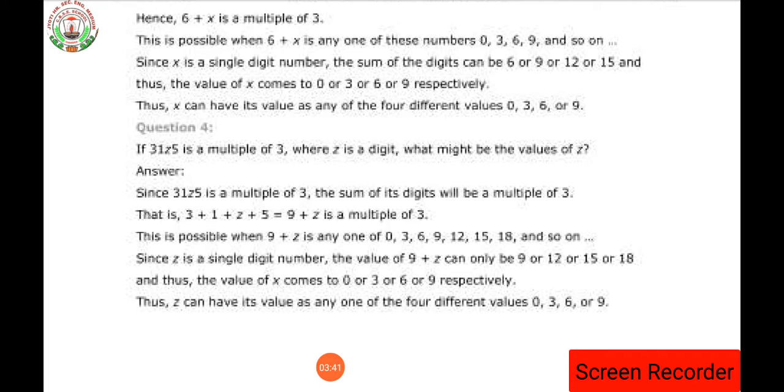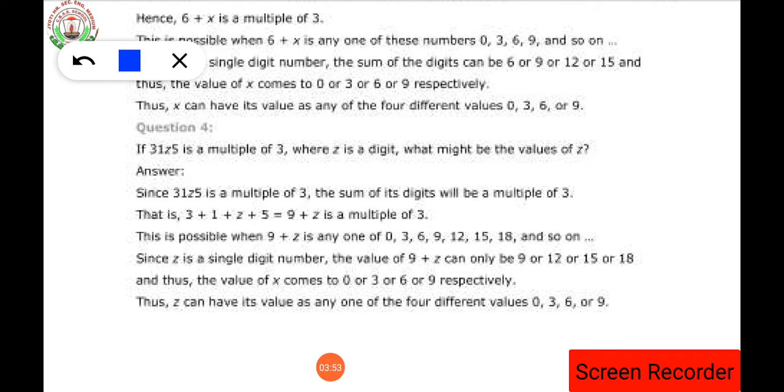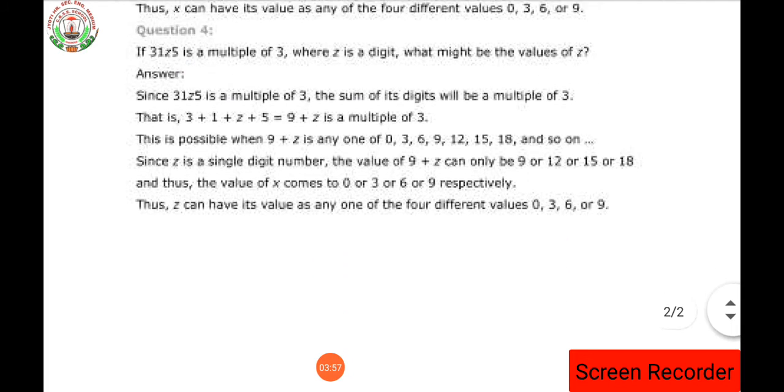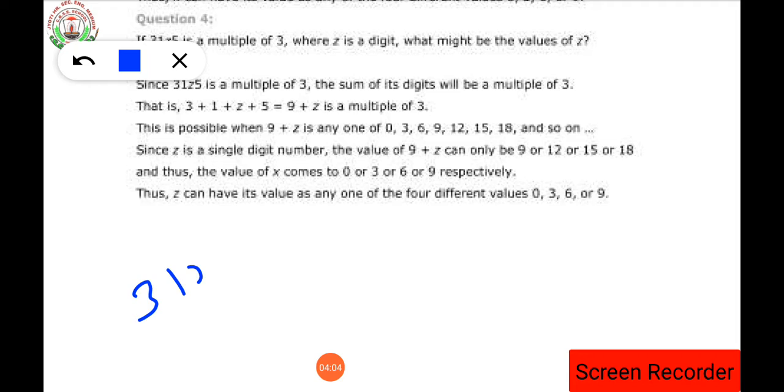If 31z5 is a multiple of 3, where z is a digit, what might be the value of z? Dear students, since it is a multiple of 3, what is the number? 31z5.